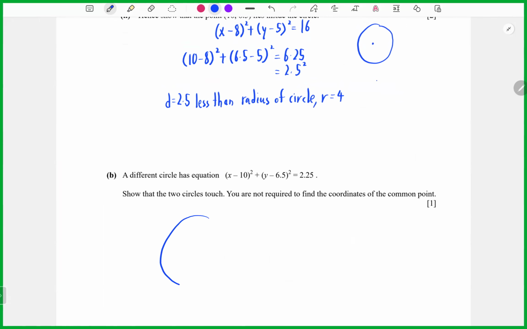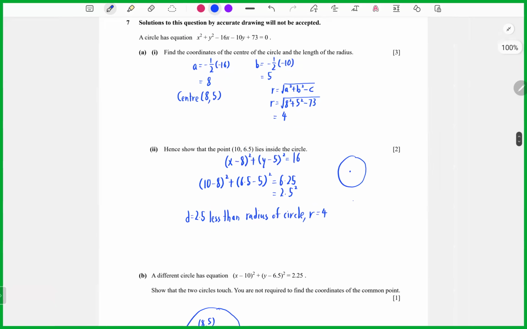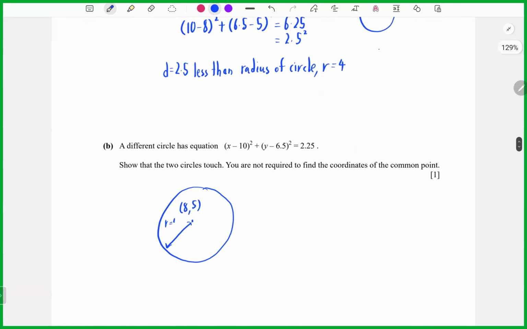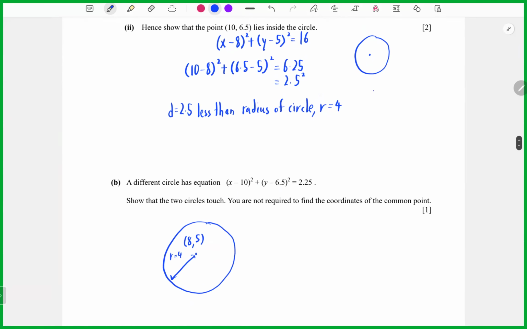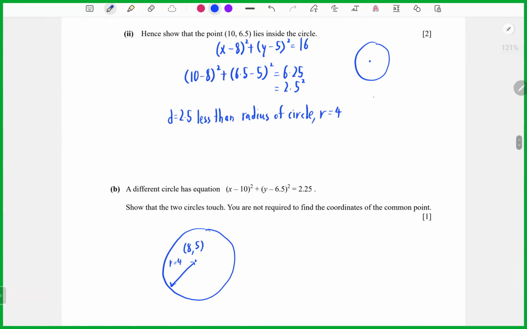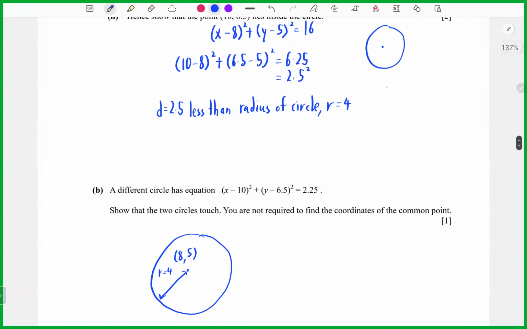This is a big circle, center (8, 5), your radius is 4. Let's see the small circle, center (10, 6.5). I just label it out here.